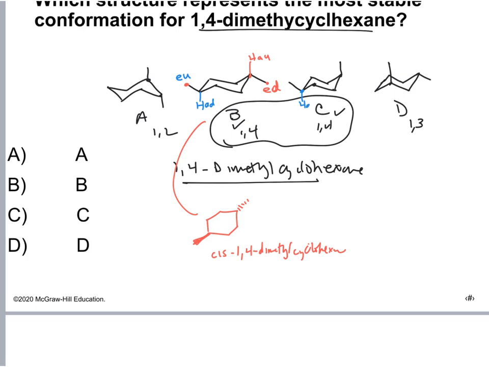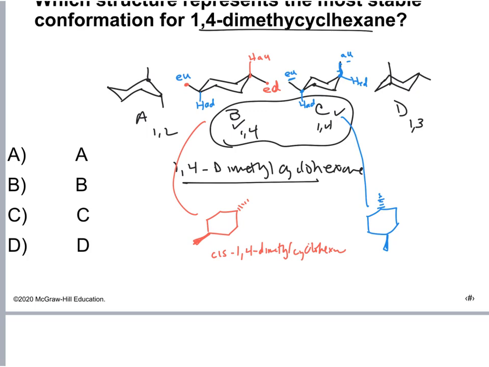Now let's look at this one here. Because this is axial down, this is equatorial up. This is axial up, that's equatorial down. So what would C be? If this is up on the 4, and they're both on the same side, up. You need to be able to go back and forth from chair to two-dimensional.